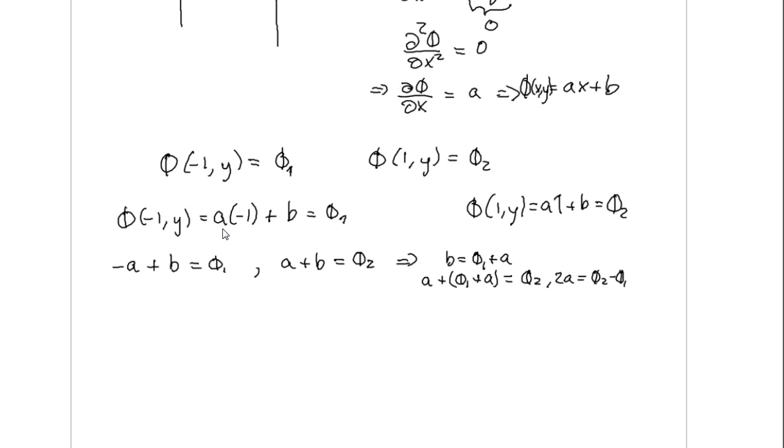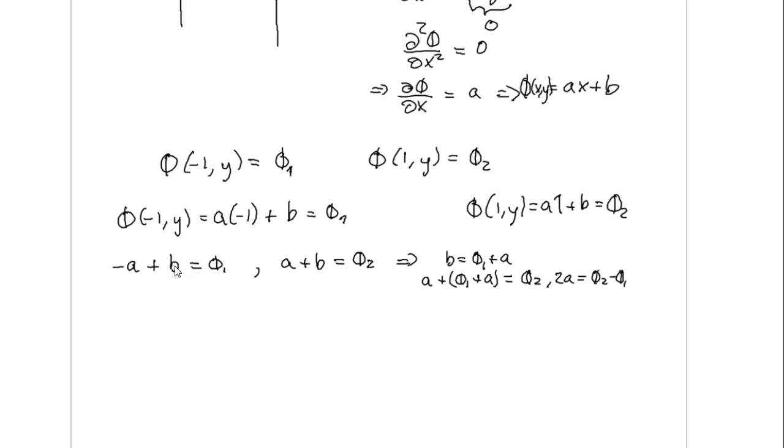If we now look at these two equations, we have two variables and two equations, so we can solve these two equations with respect to both a and b. And it's very trivial to do this.